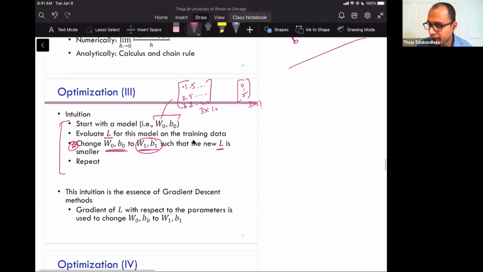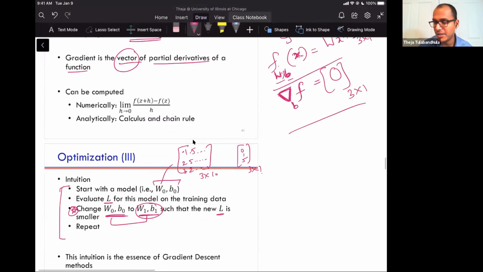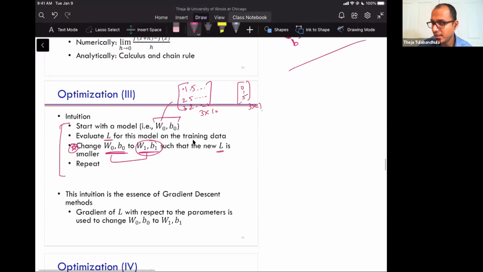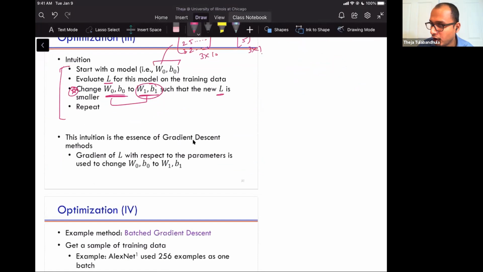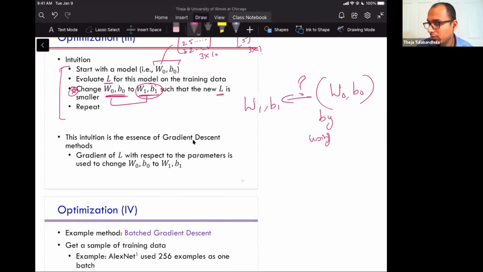So we want to do something iteratively. We want to jump from parameters to parameters, and this jump is such that at the new set of parameters, the loss value is lower. This jump is achieved by using the gradient information. So we'll talk about how we go from W0, B0 to W1, B1, and we'll do that by using gradients.